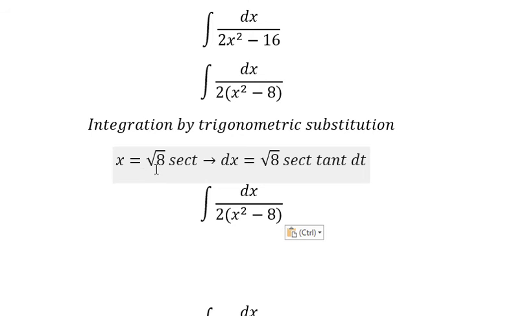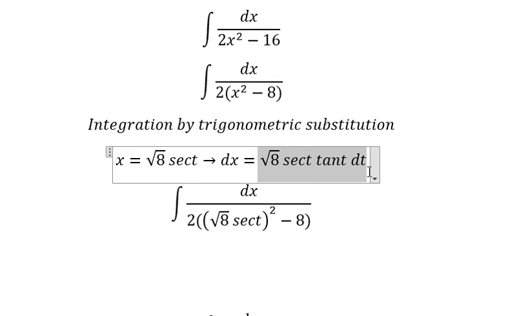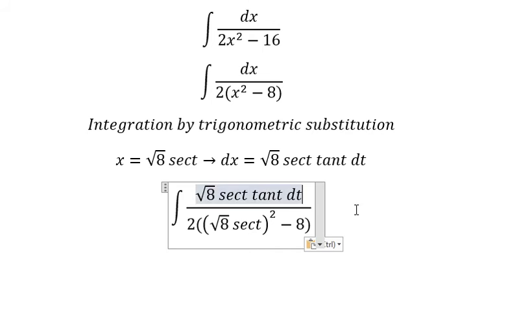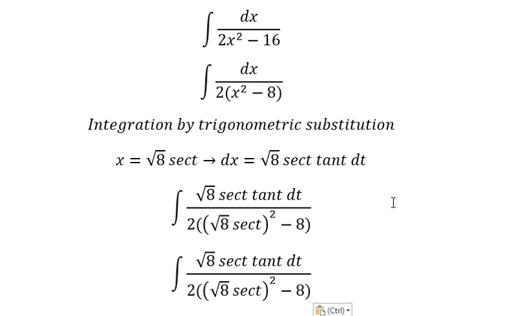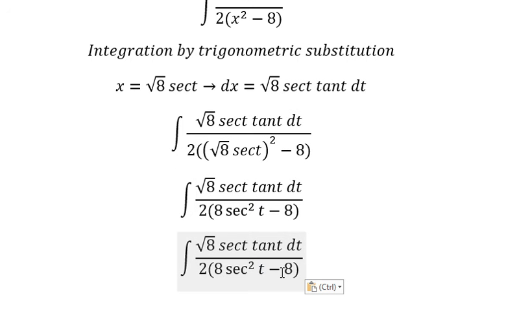So we put this one in here. ds we change for this one. So this one we get a secant of t square. Number 8, we can do factorization.